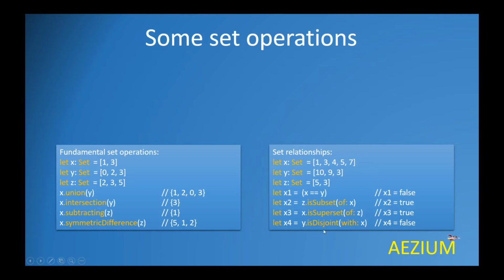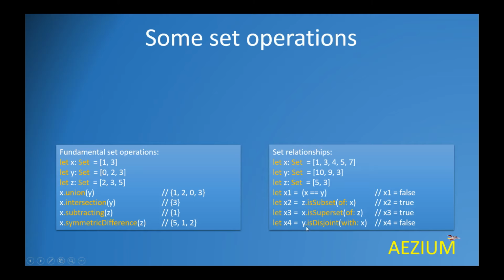We can also check whether two sets, in this case y and x, have any common values. To do that we use this keyword is disjoint, and inside parentheses we have with, followed by colon. So if these two are completely different, there are no elements that they have in common, the outcome of this will be true.